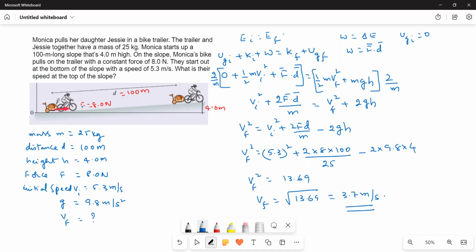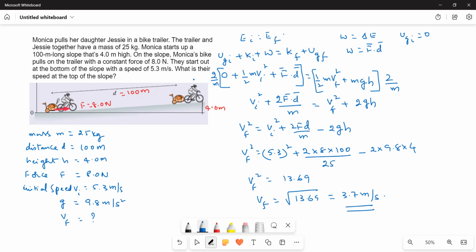So the total energy is conserved, and the total energy being conserved means initial energy must be equal to the final energy. Whatever work is done by the internal forces will also contribute to the total energy, but the initial energy must be equal to the final energy, because there are no external forces.